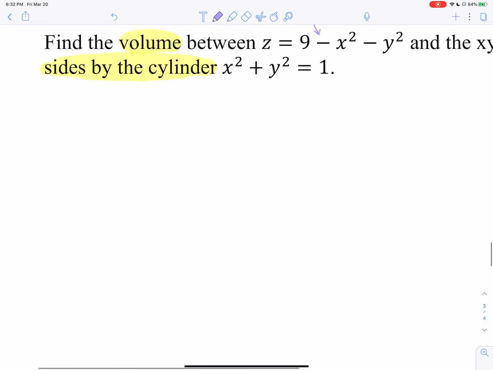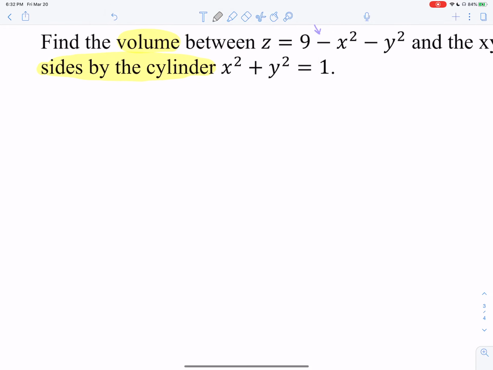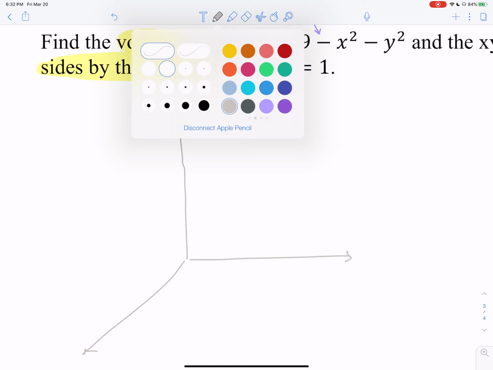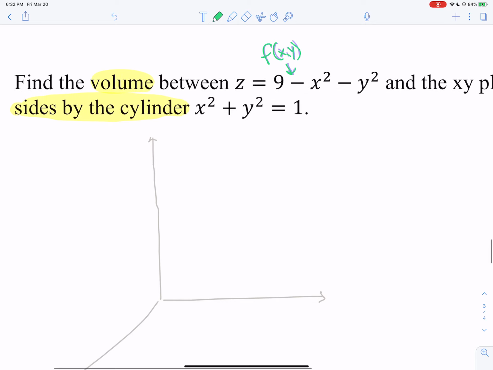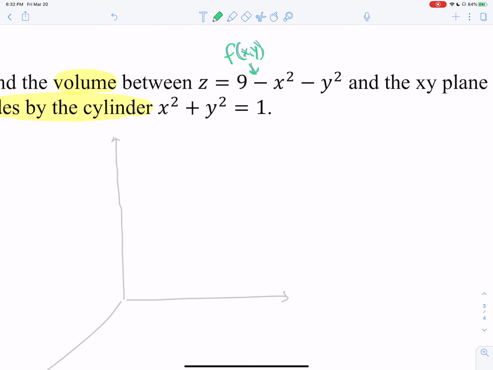So let's draw a picture of what's going on. Okay. So our surface here, let me do it in this color. So this is another parent function you need to know. 9 minus x squared minus y squared is your paraboloid opening downwards at a height of 9.